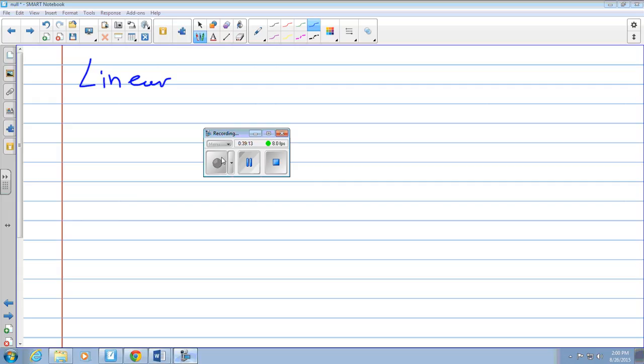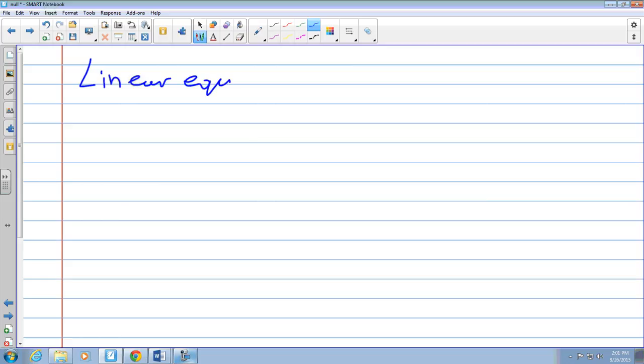So yeah, we're talking linear equations with two variables. When I say linear equation with two variables or lines, what comes to mind right away?